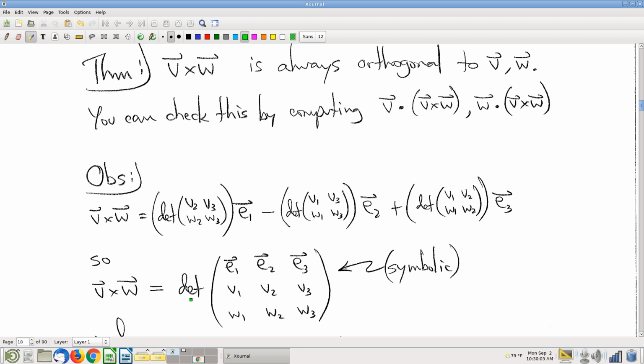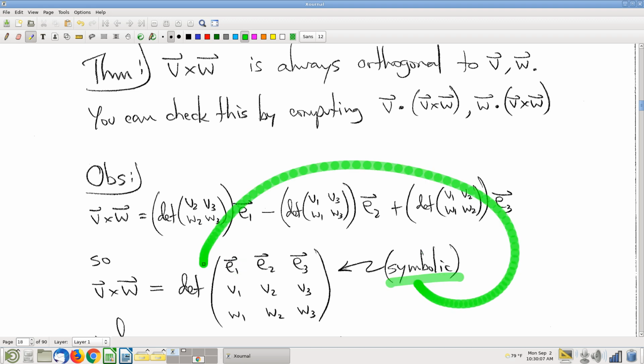So you'll notice that I'm calling this a symbolic determinant. It's not really quite a thing, but algebraically, if you just write it down that way and ignore the fact that it doesn't really make any sense, it gives you the right answer, right? So it's pretty convenient nonsense, even if it is nonsense, right? So for whatever that's worth.